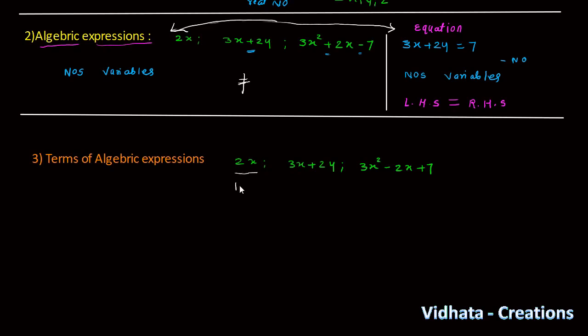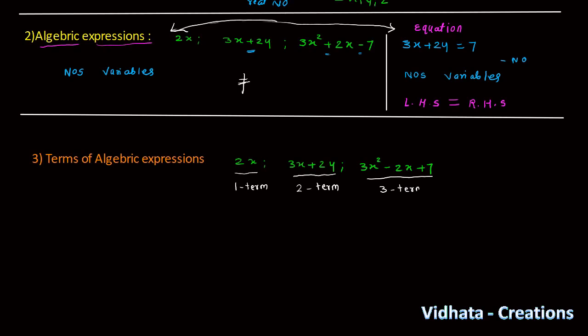our first hint is there is one term. If you see example number 2, then I will say in example number 2 there are two terms, and in example number 3 I will say there are three terms.